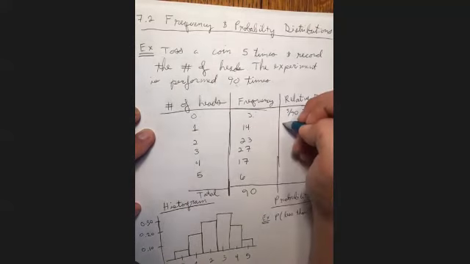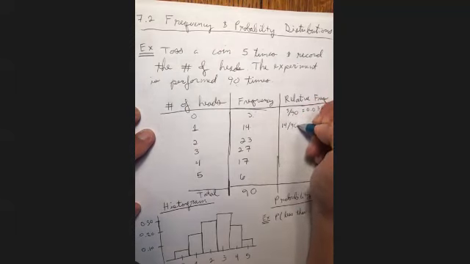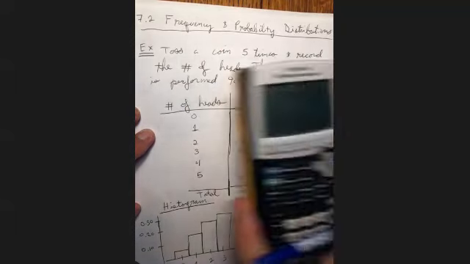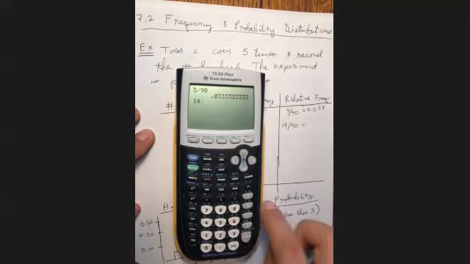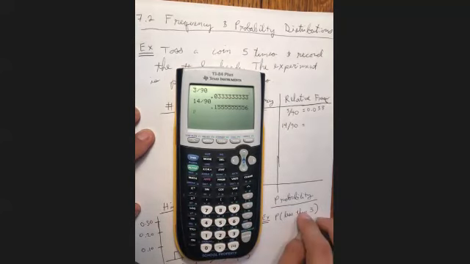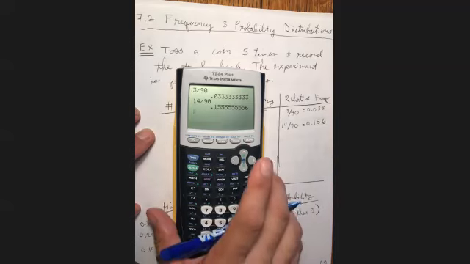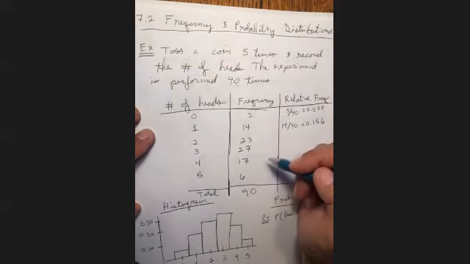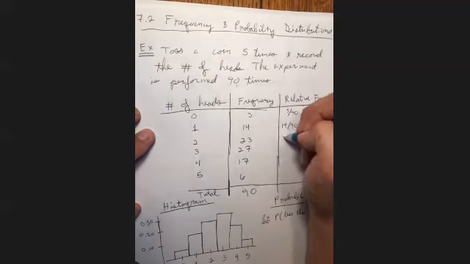There are 14 occurrences, so that's 14 out of 90. And that gives us 0.156, I'll round to 3 decimals here. And so this is how we develop our relative frequency.